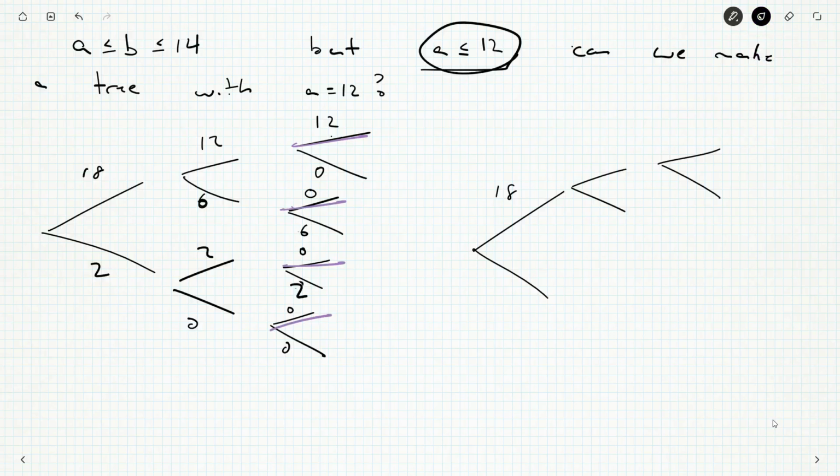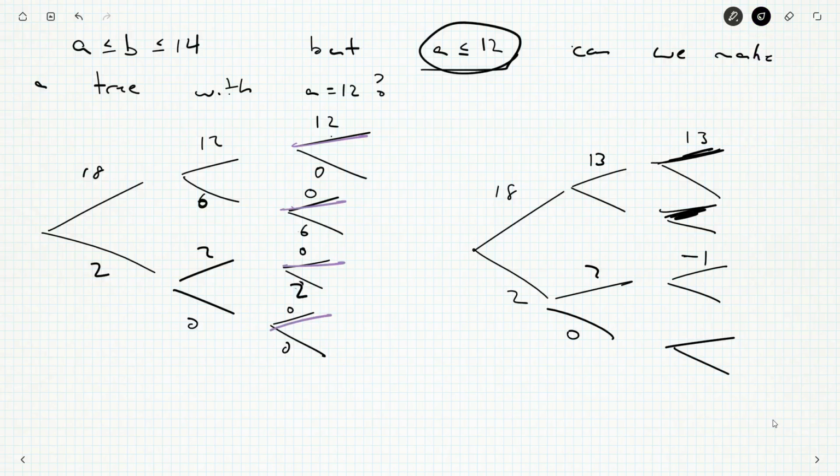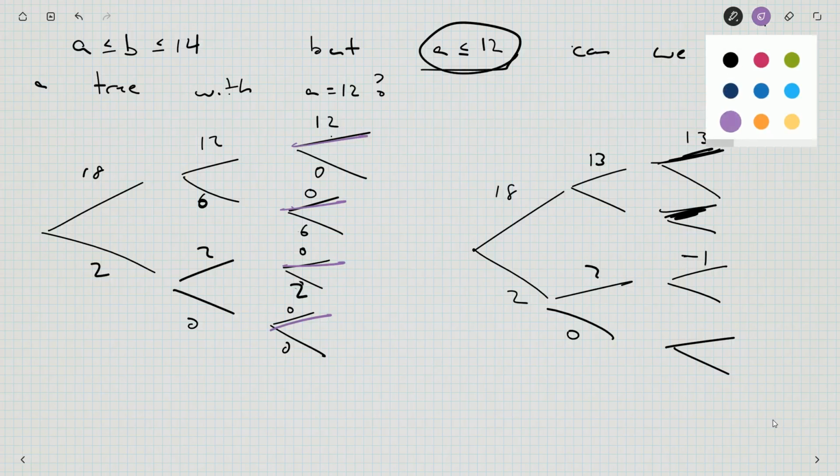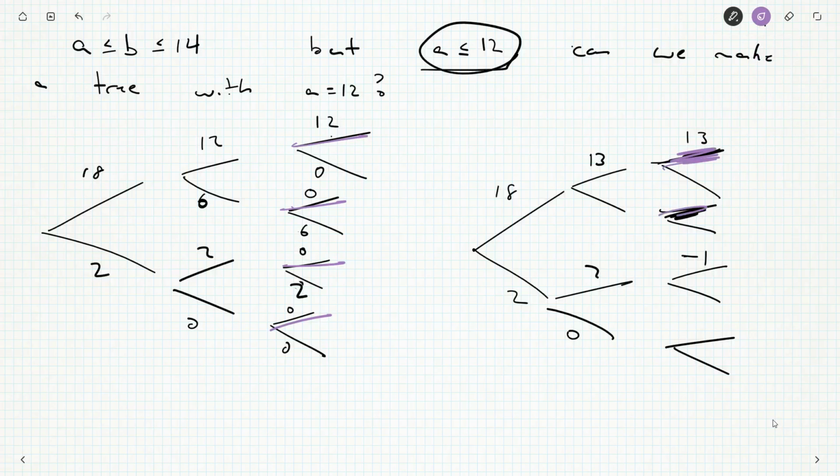But other than that, that's fine. But as soon as I put a 13 here, one of these has to be negative in some way. Otherwise, the ones that we had labeled in purple don't add up to 12 unless one of them is negative. So there's sort of that.